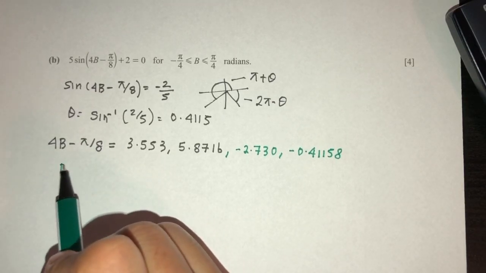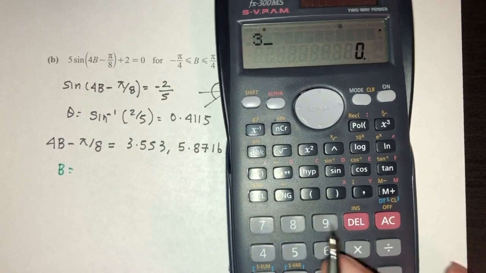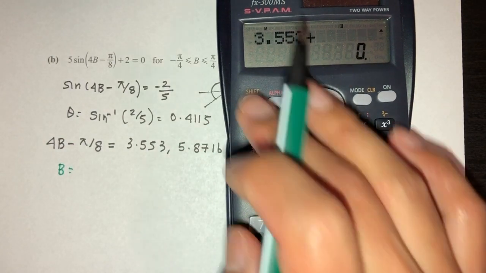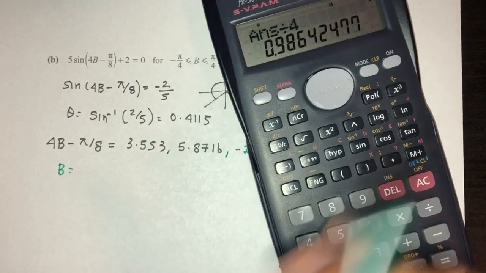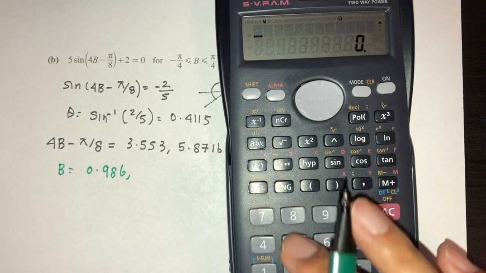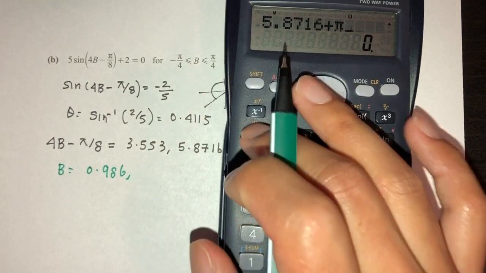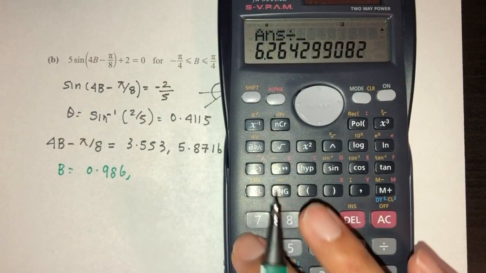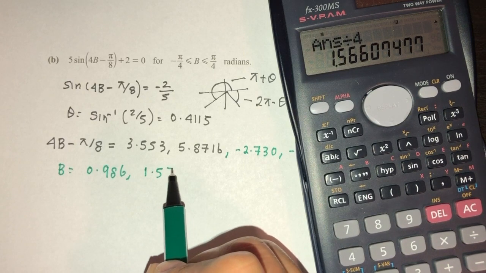Now let's find the value of b. So b will be what? b will be this plus pi over 8 divided by 4, right? So 3.553 plus pi over 8 and then divide by 4. That should be 0.986. That's the first value. 5.716 plus pi by 8 divided by 4, that should be 1.57.